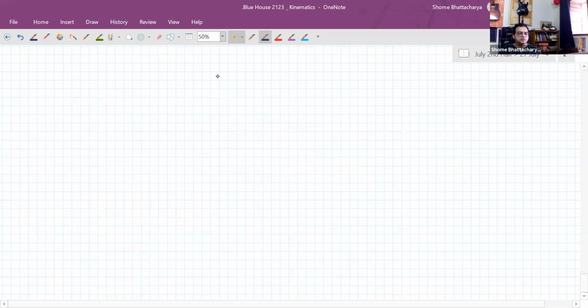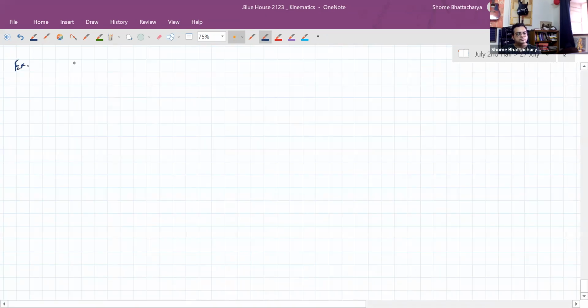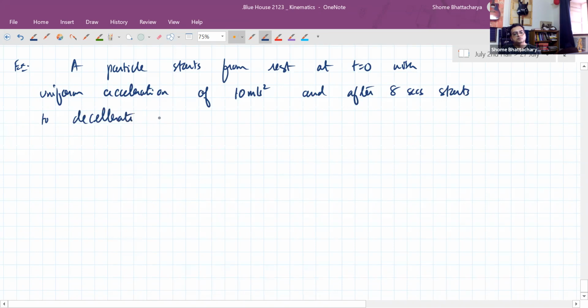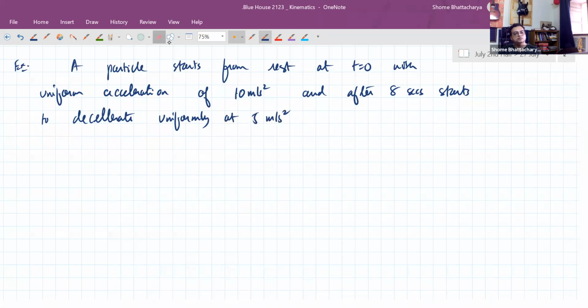Like this, for example: a particle starts from rest at t equal to 0 with a uniform acceleration of, let's say, 10 meters per second square, and after 8 seconds starts to decelerate uniformly at 5 meters per second square until it stops.